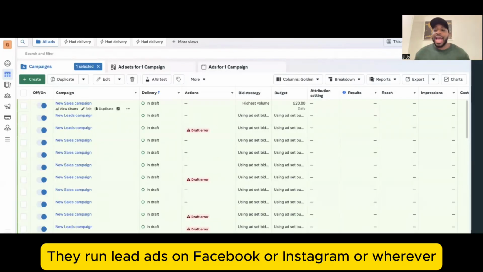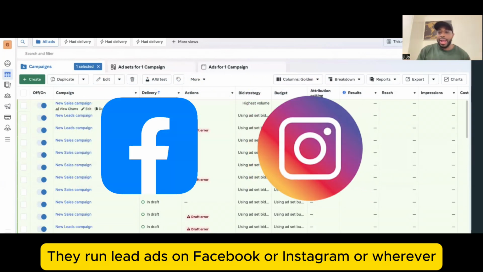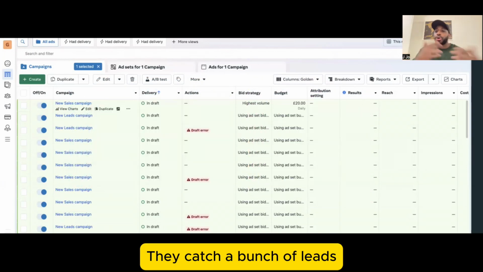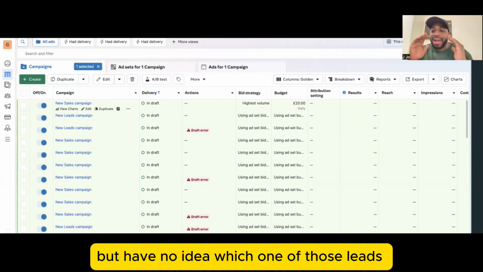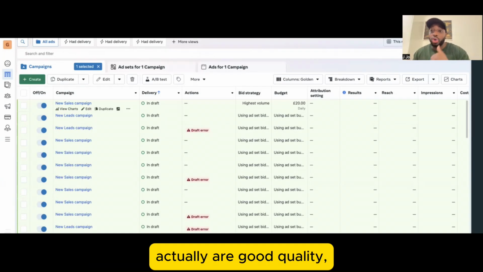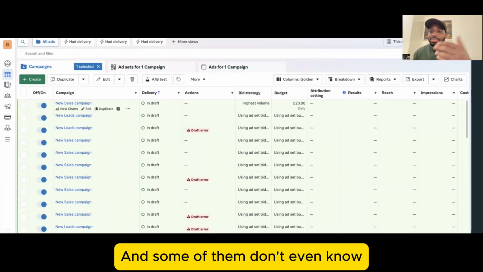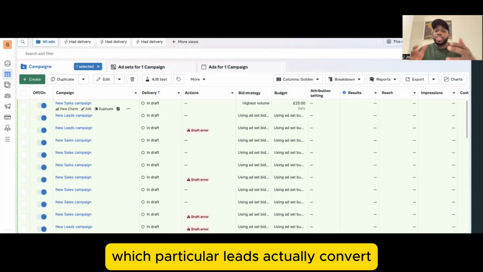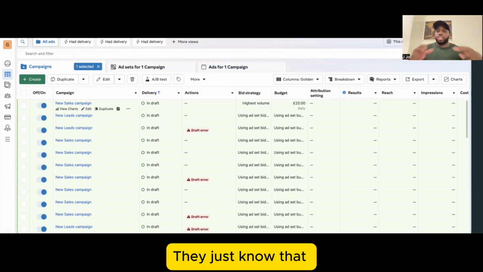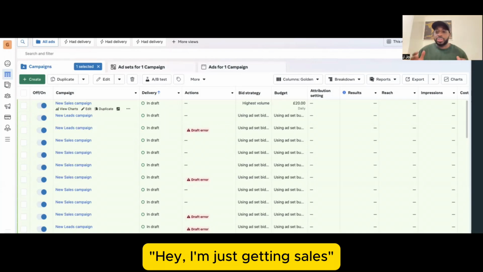They run lead ads on Facebook or Instagram or wherever. They capture a bunch of leads, but have no idea which of those leads are good quality, which are bad quality, and some of them don't even know which particular leads actually convert. They just know that, hey, I'm getting sales.